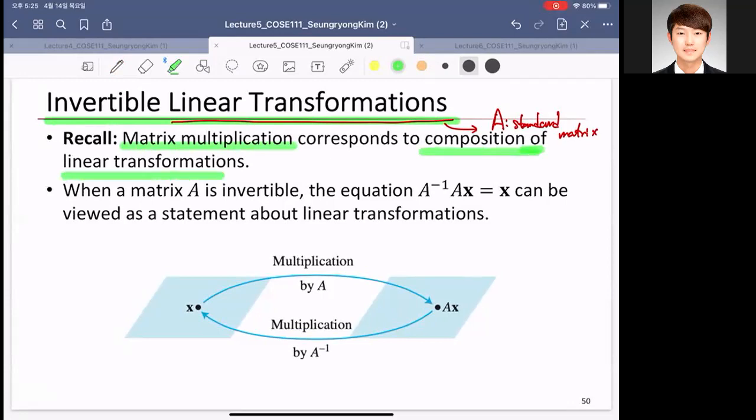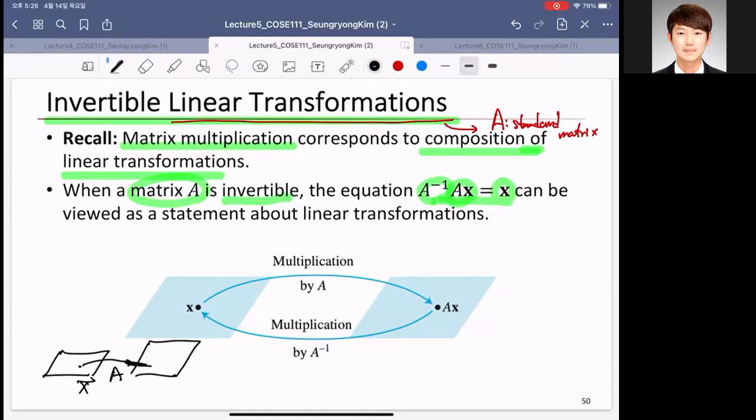Then when matrix A is invertible, the equation A inverse AX equals X can be viewed as a statement about linear transformation. From X in an arbitrary space, if we multiply by A, we move to the AX space.